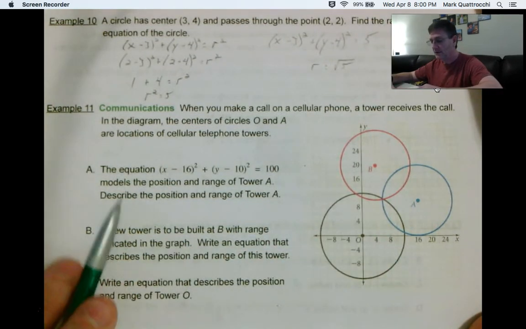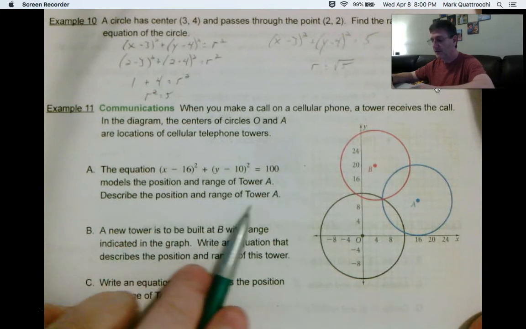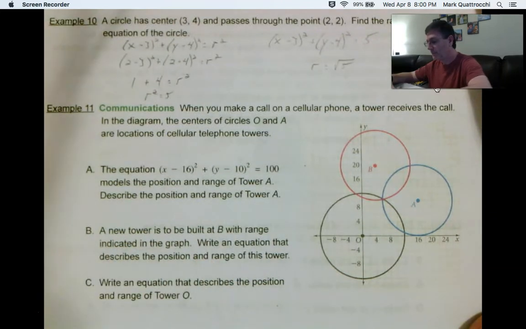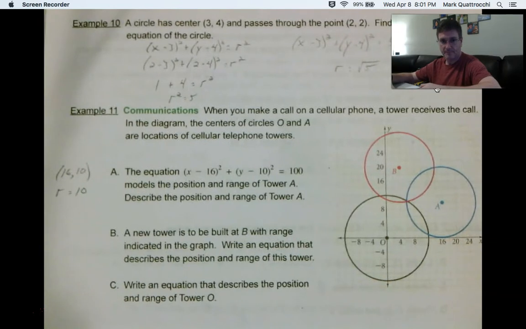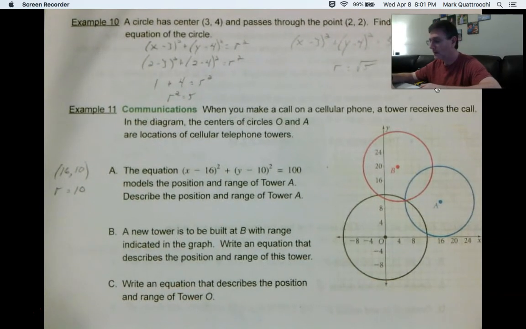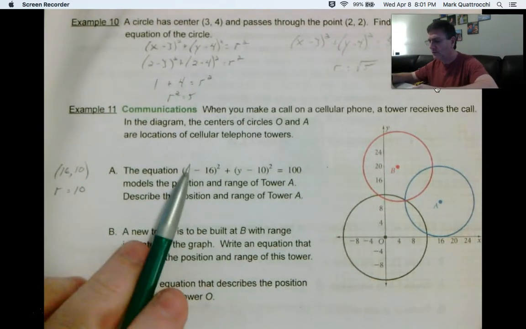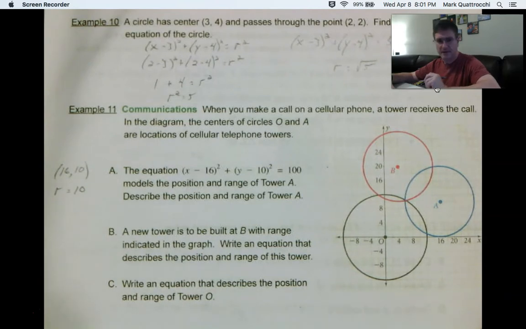Write the equation, describe the position and range of tower A. So the position of tower A is 16, 10, the radius of 10. And again, we're not told if these are in miles, so we're just going to leave it as r equals 10.